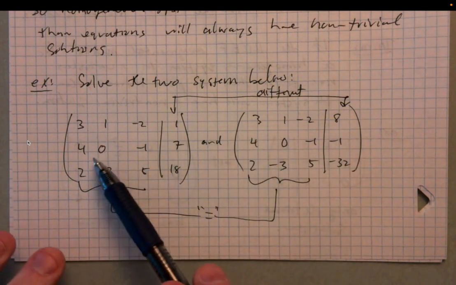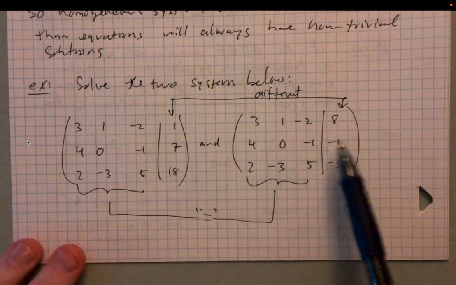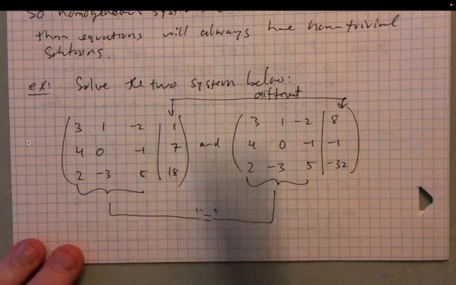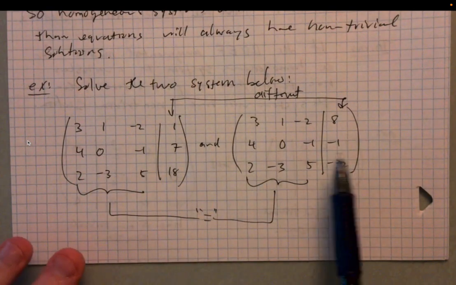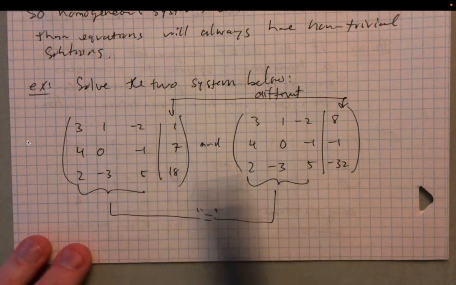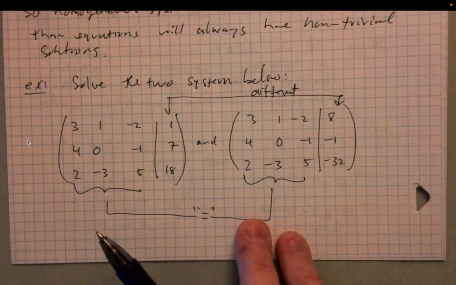And so what you can do is do them at the same time. You can actually solve both of these systems at the same time, because of the fact that the coefficient matrices are the same. So let's talk through what that means. All it really means is write the augmented matrix slightly differently, right?